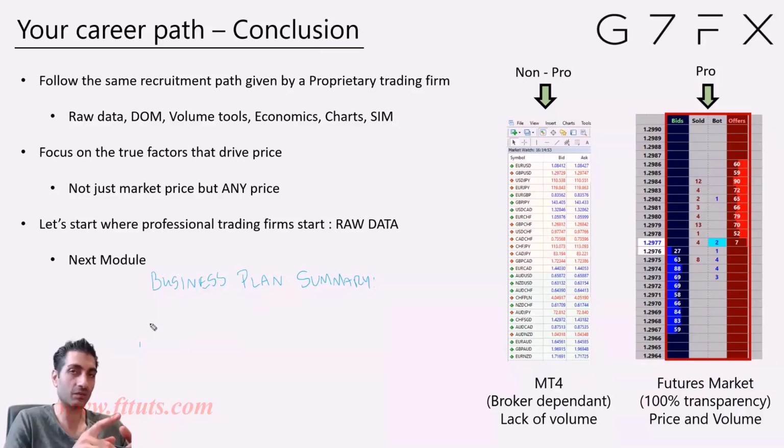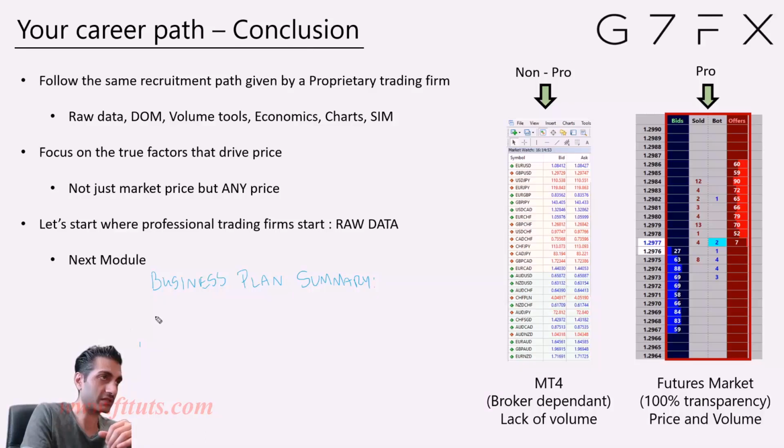So let's just quickly summarize, and I promise this will be the last bit that we do before we get on to some of the more exciting stuff, but we're just very briefly going to summarize. So this is our business plan summary. A is that our business plan has obviously concluded that we're going to follow the same recruitment path as an institution.